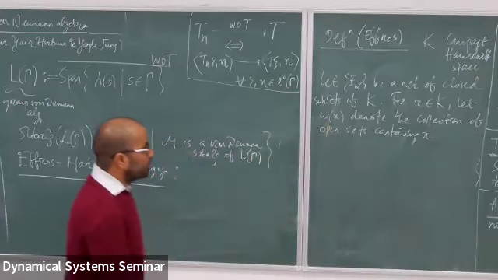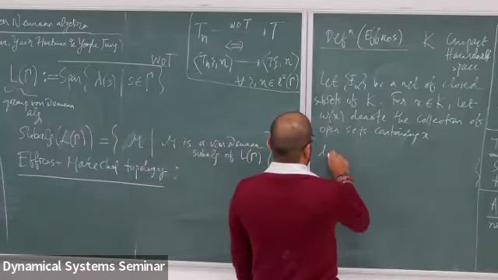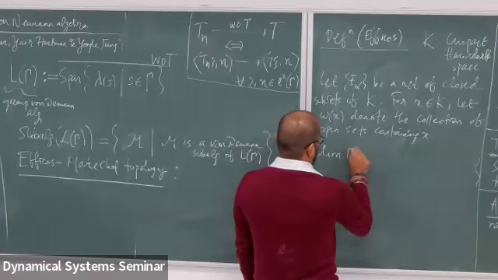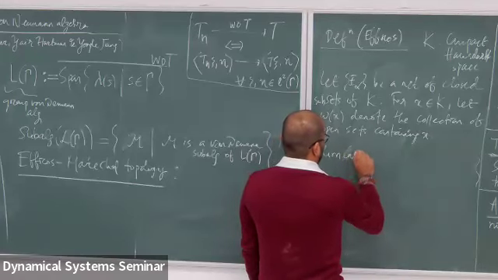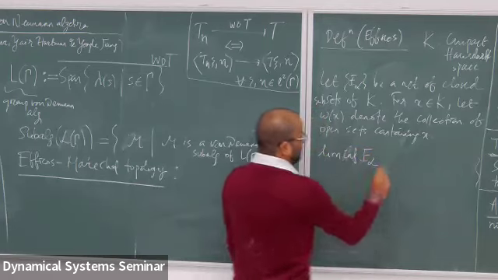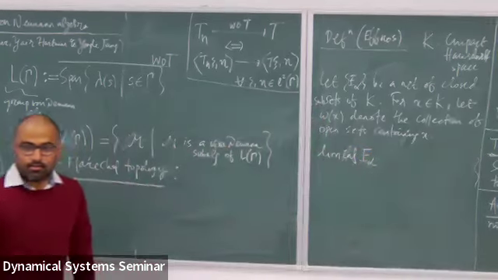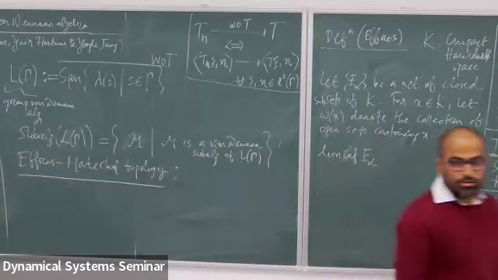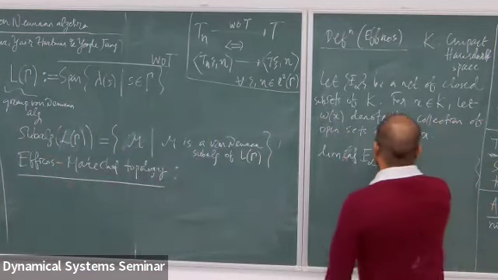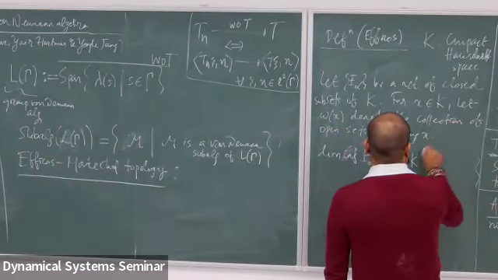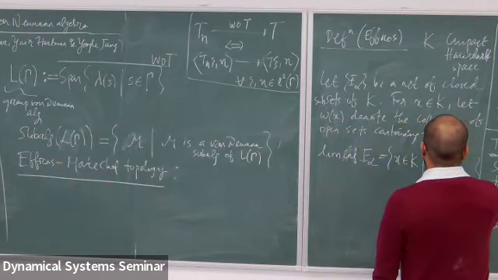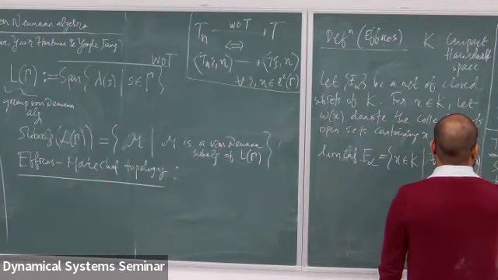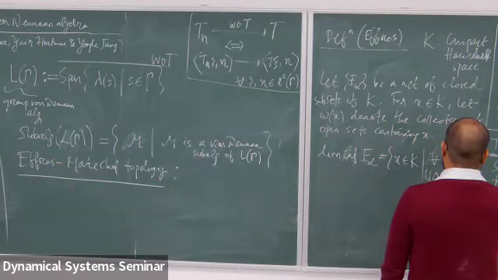So now what we can do is we can define the lim inf of this net E alpha, which is now a collection of closed sets, to be all those elements in K such that for every open neighborhood U containing x, U intersection E alpha is non-empty eventually.